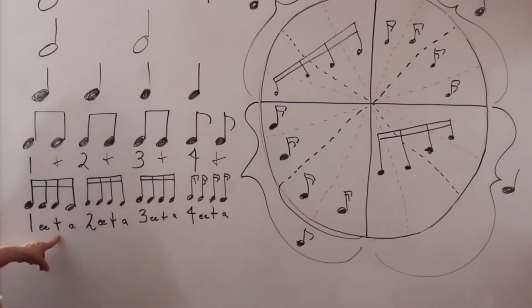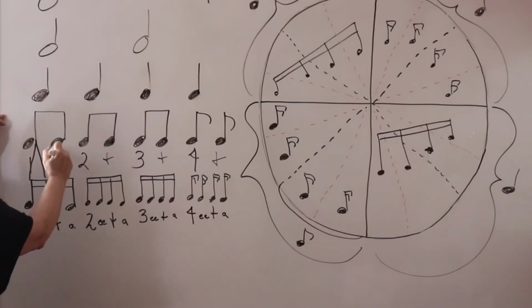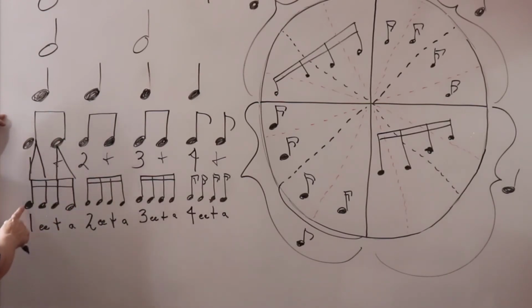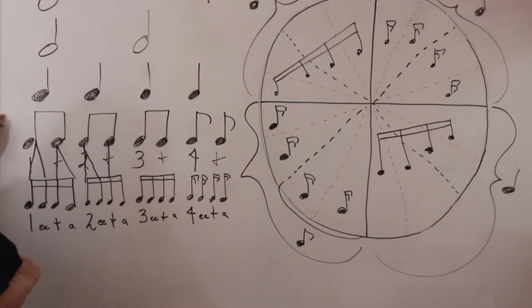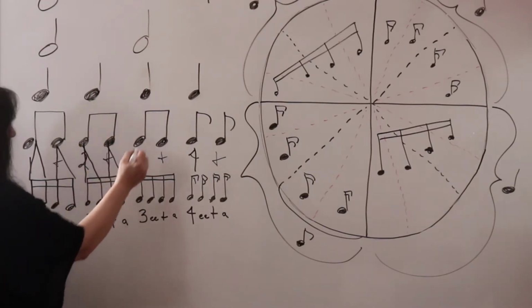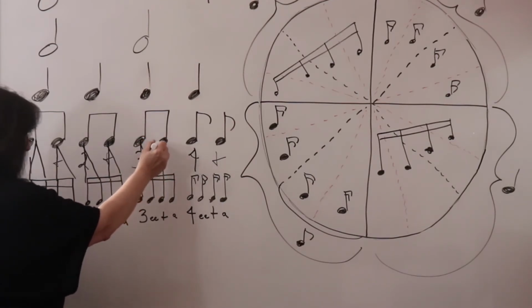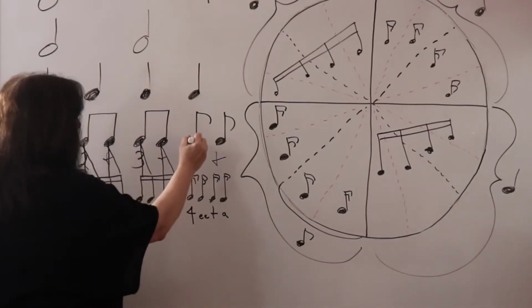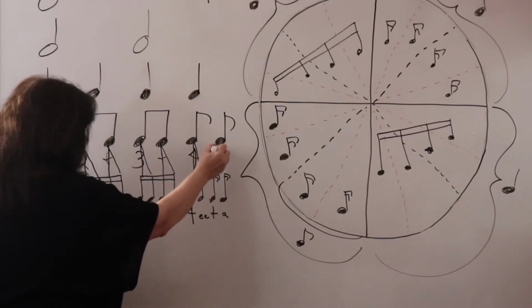Notice I made the ands pretty big because that is where these two notes lie, on the and. 1 E, and then the and lines up with the eighth note, and then 2 E, and then the and lines up with the third 16th note, 3 E, and the and lines up with the third 16th note, and 4 E, and the and lines up.